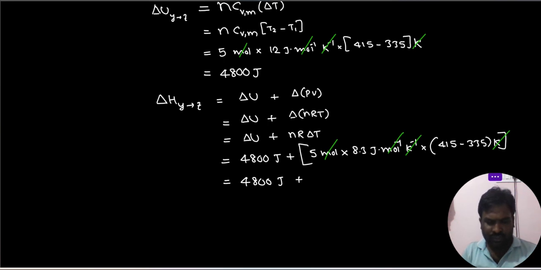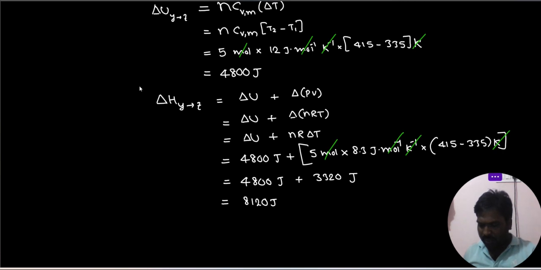So 415 minus 335 is 80, into 8.3 into 5, which is 3320 joule. Then the total is 4800 plus 3320, which is 8120 joule. So this is delta H for Y to Z.